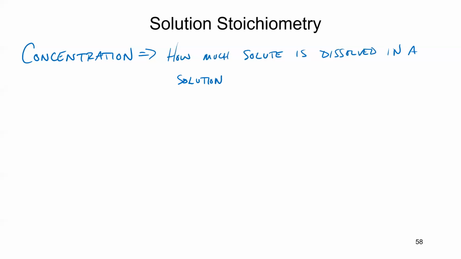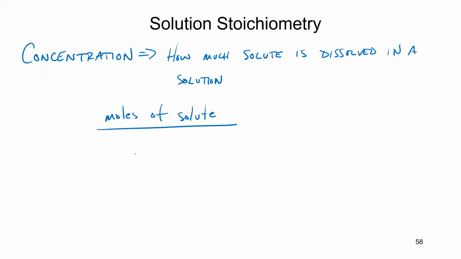What's our unit for when we ask how much? We kind of have two, but what's a unit for how much? Grams. We could use grams, absolutely, and lots of times we do use grams, but especially if we're going to go back and forth from one compound to another, there's a better unit. Moles. Moles, yeah. And so when we talk about concentration, we are usually going to talk about the moles of solute.